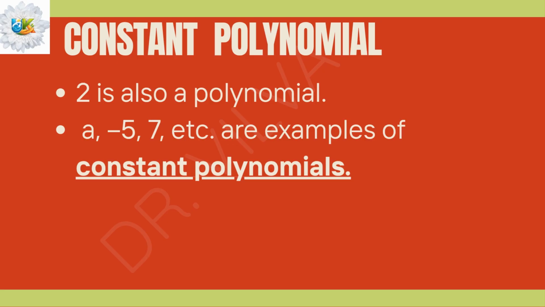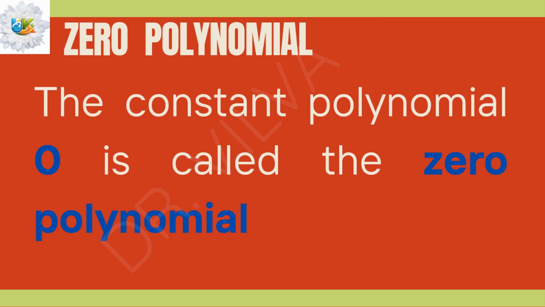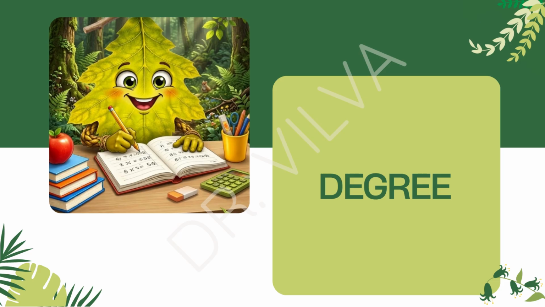The variable is just hiding, or it has a power of 0. Consider 2. It can be written as 2 times x power 0. And we know that x power 0 is 1. Another special case is where the polynomial is just 0. We call that the zero polynomial. Now we will see degree.